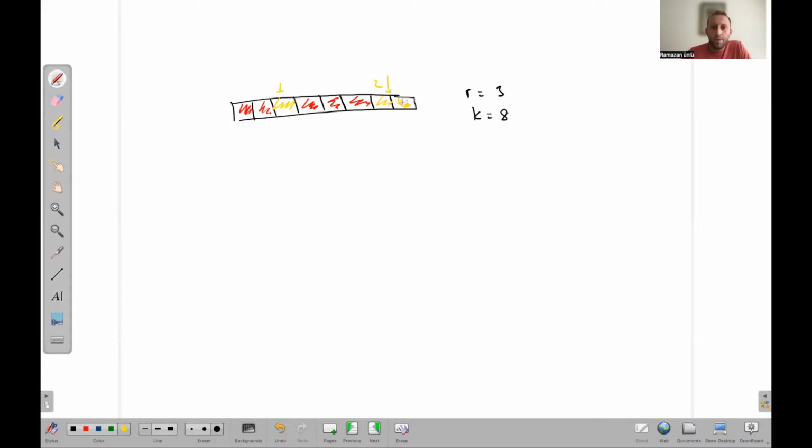So if the total number of my trials is k, that means here I have k minus 1 trials, right? So how can I compute the probability of this particular trial?